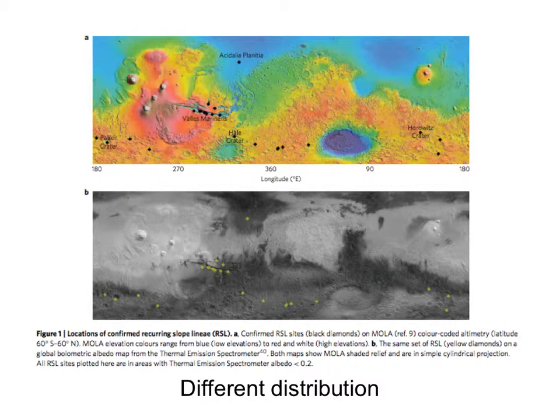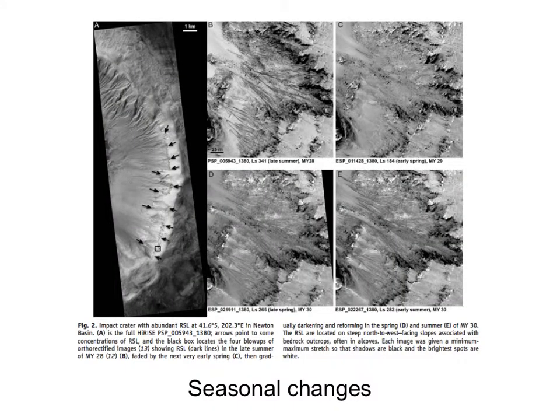These have a different distribution than the gullies, and as I said, they do develop seasonally. So there's the interest in whether this could be water.